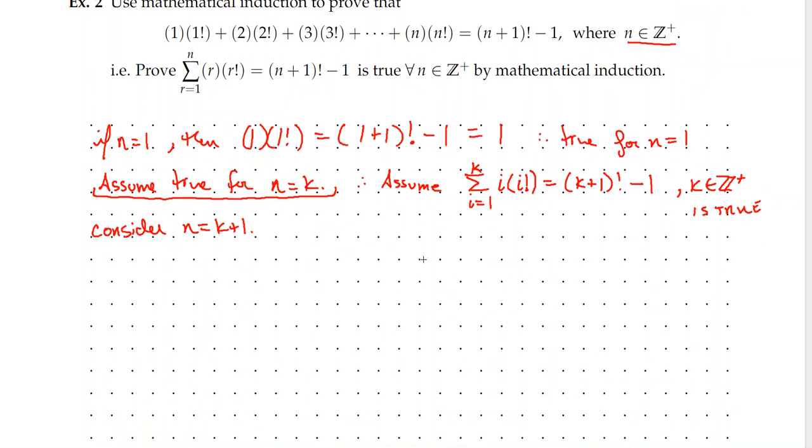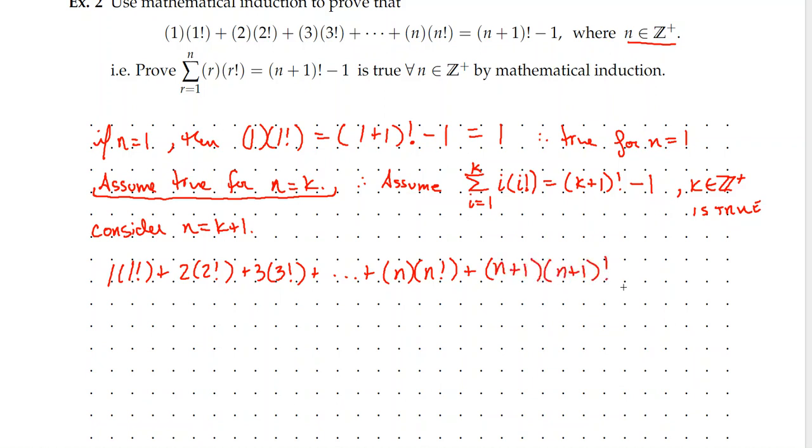If we consider n equals k plus 1, what we're going to have then is 1 times 1 factorial plus 2 times 2 factorial plus 3 times 3 factorial plus going on to k times k factorial, and then plus, now we're going to be at k plus 1 times k plus 1 factorial. So that's our case.